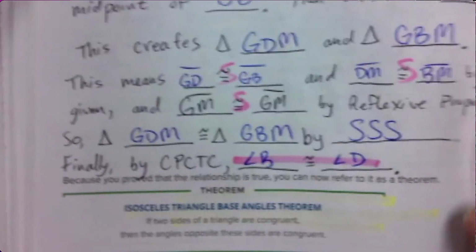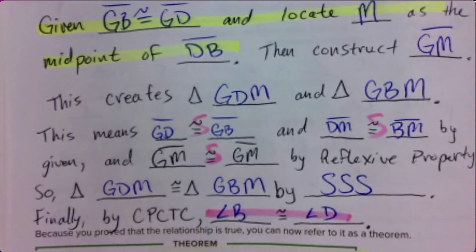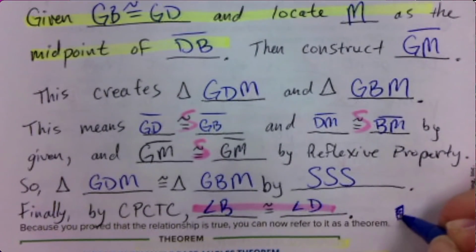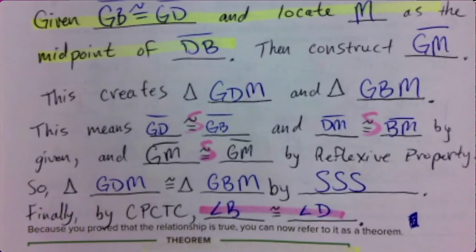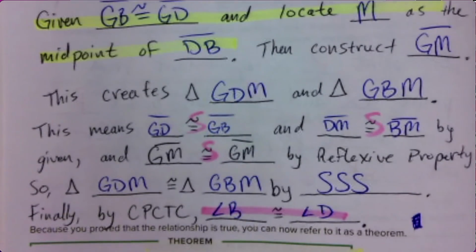Here's what we started with in order to be able to do the proof. So therefore, we have a completed proof. When you finish a proof off, you get to put a little box at the end of it. There are several different ways to say a proof is finished, and a box is one of them.